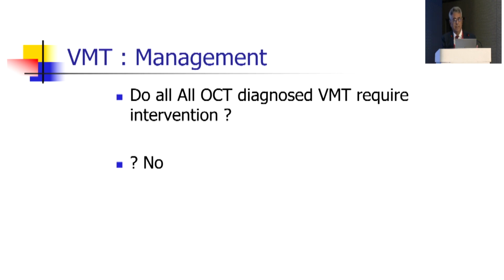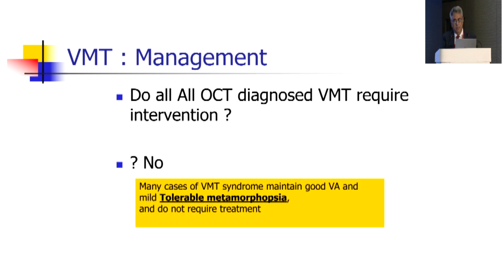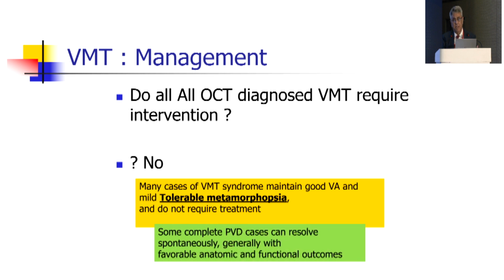More important is, does all this OCT diagnosed VMT require intervention at all, or any change in approach? The answer is a very big no, simply because most of these patients maintain good visual acuity and they have mild, occasional, or tolerable kind of metamorphopsia. And sometimes God may be kind that complete PVD may occur.